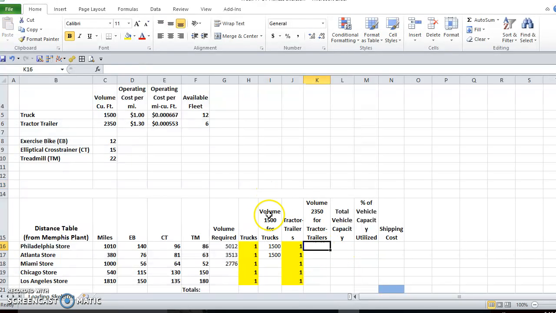For the trailers, we're looking at C6, 2,350 square feet per tractor trailer, times the number of trailers, which is J16.